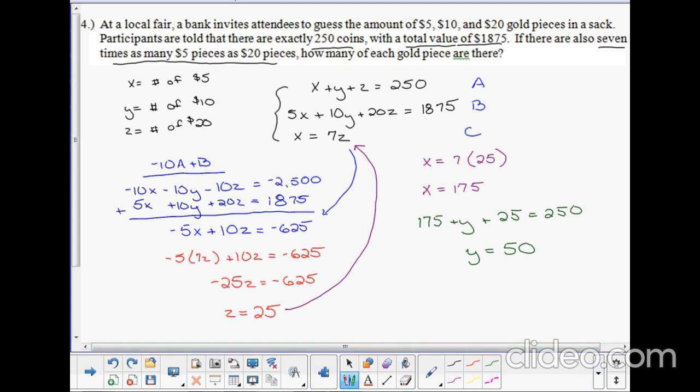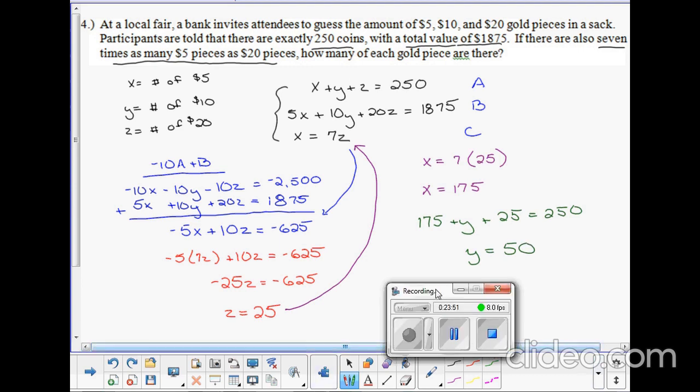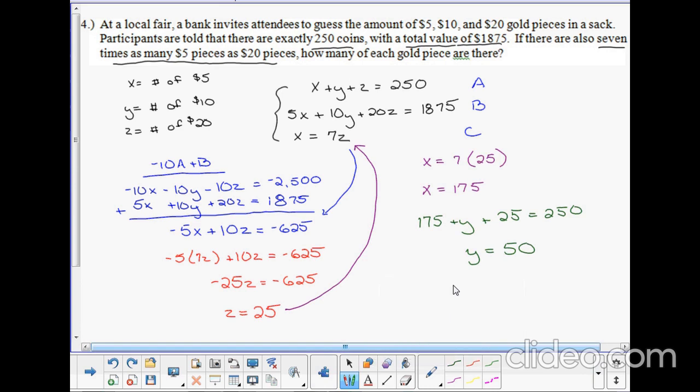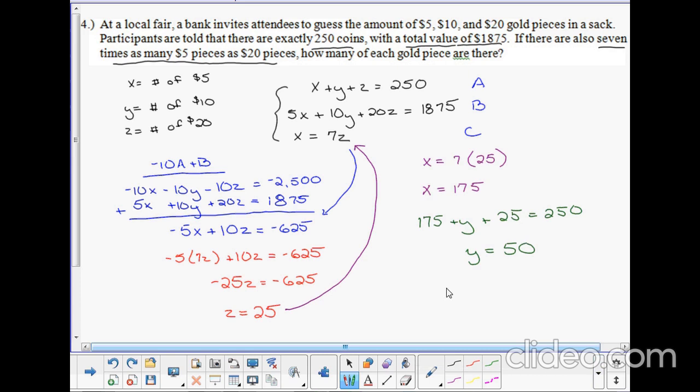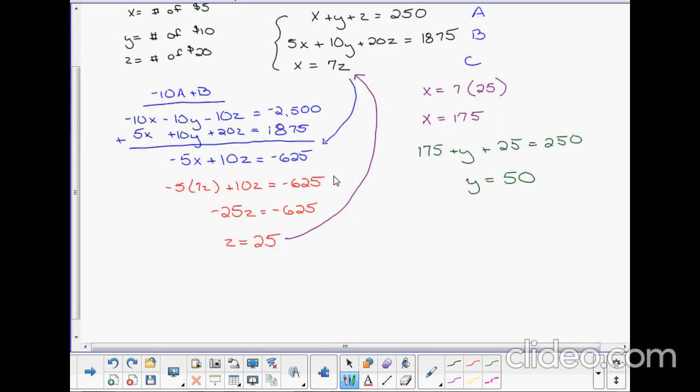And now I have solutions for each of my variables. So if you wanted to, you could check those solutions, substitute x, y, and z into each of those equations to make sure it is a solution for all of the 3 equations that we created, and then add some context.